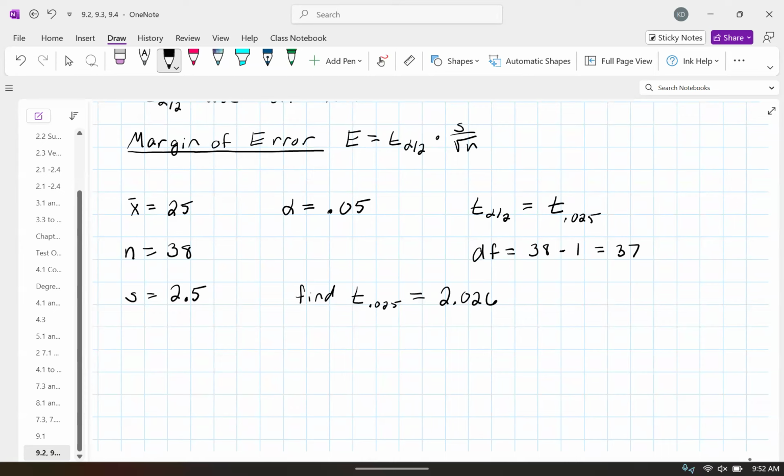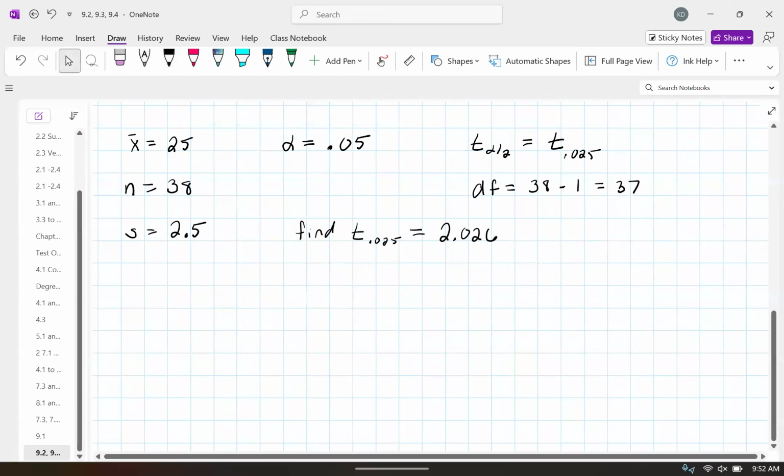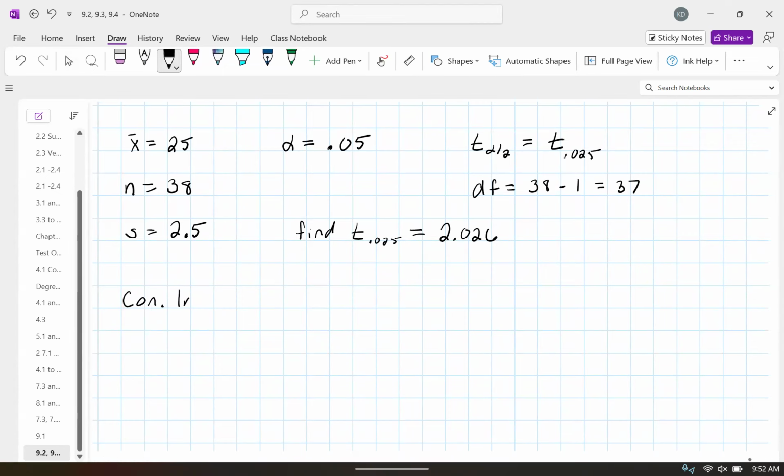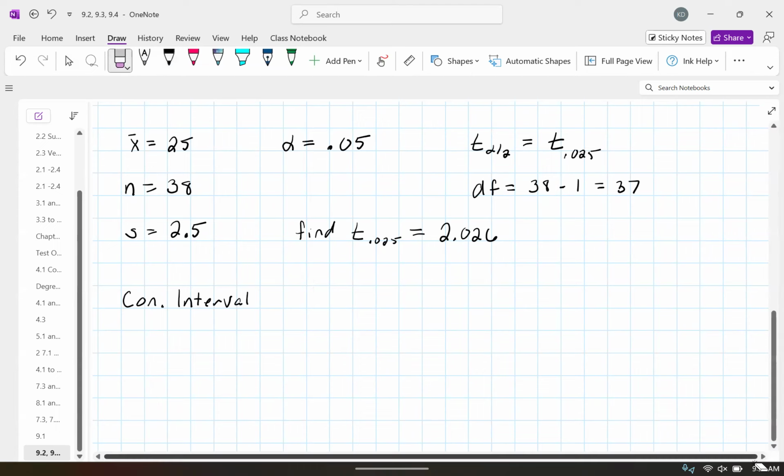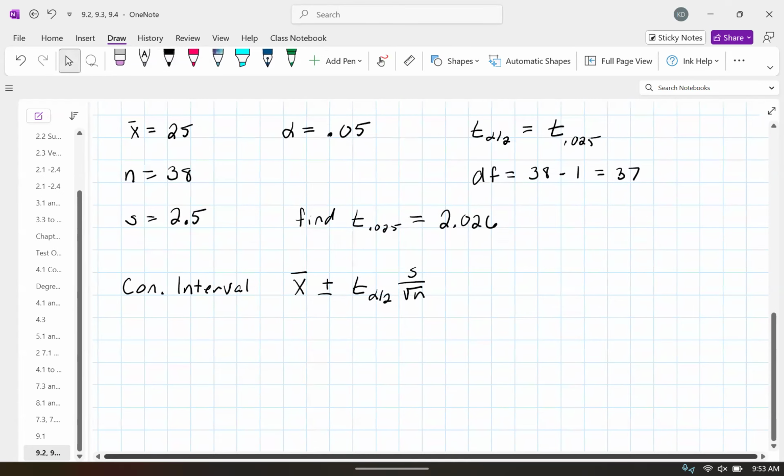Now we're going to find our confidence interval. So we take our mean, which is 25. Let me actually write down the formula and then I'll talk my way through it. Okay, so there's my formula. My mean is 25, and then I'm going to have a plus or minus.